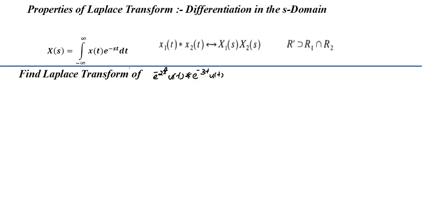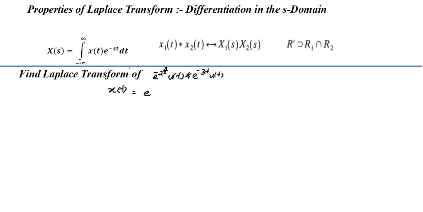Now we will discuss a question. Find the Laplace transform of the signal given by e raised to minus 2t into u of t convolution e raised to minus 3t into u of t. Assume this is a signal x of t.